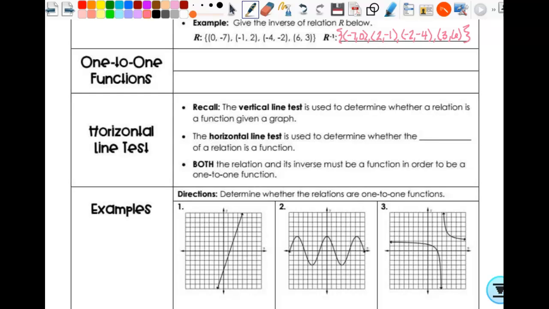Along with inverses goes one-to-one functions.